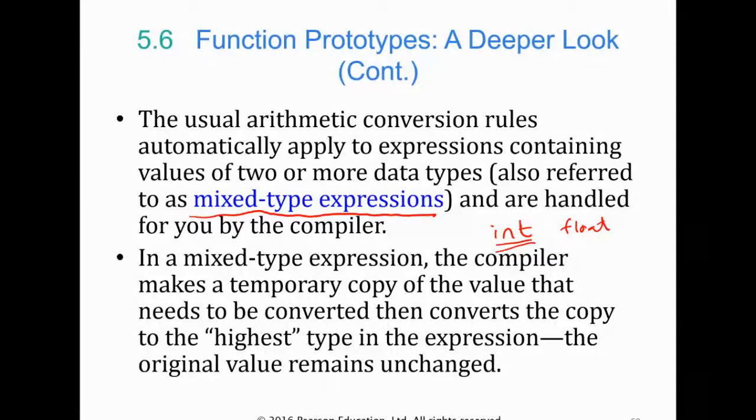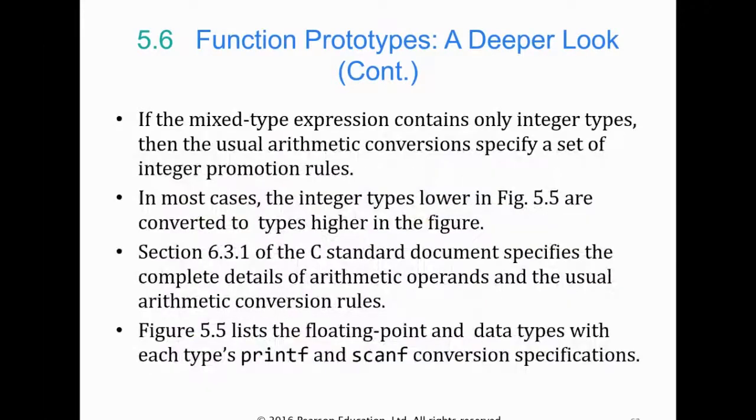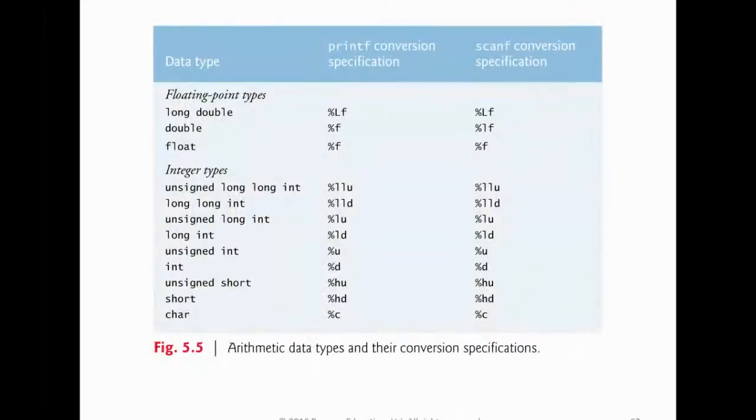It converts things into the highest type of the expression, and a float is normally considered a higher type, because it has more information. So before doing the calculation, it will convert it into a float, and that should work. So normally you go in this direction.